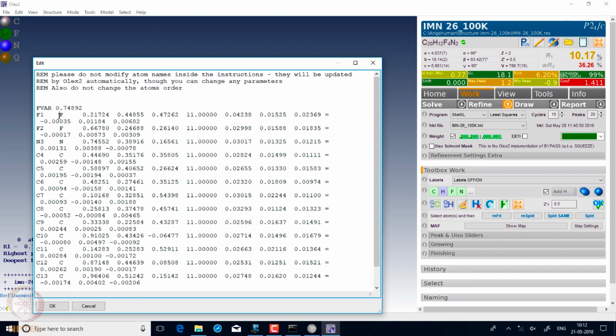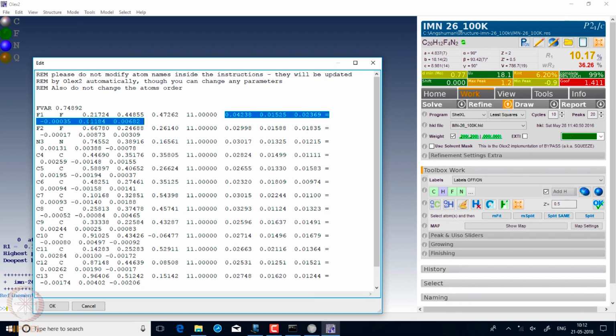Here you had the fluorine atom, the corresponding fractional coordinates, you had the occupancy parameter, and you had only one thermal parameter. But now instead you have 6 numbers. These 6 numbers represent the tensors, which represent the size and shape of the ellipsoid around the nucleus of fluorine.